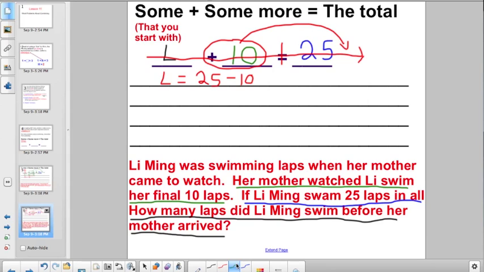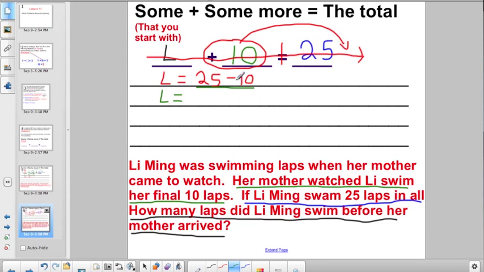Let's take a look. Combine terms or isolate a variable. My variable, my letter, already is isolated all by himself on one side of the equal sign. So all I have left to do is to combine these terms. Let's start off writing everything I did not underline. I didn't underline L. I did not underline the equal sign.